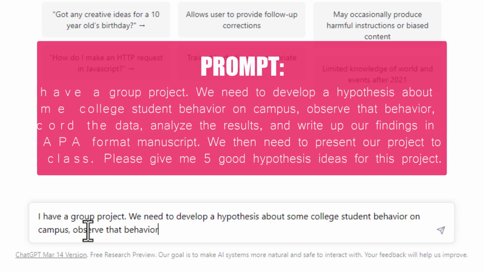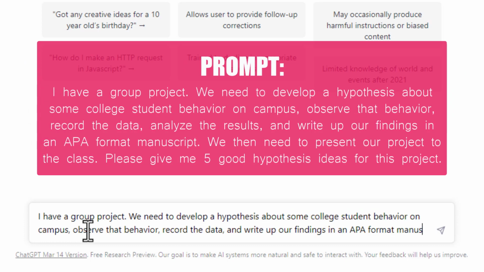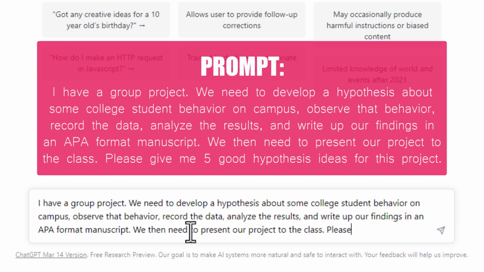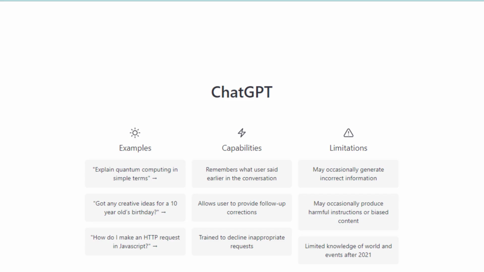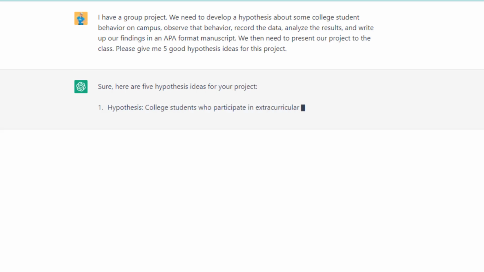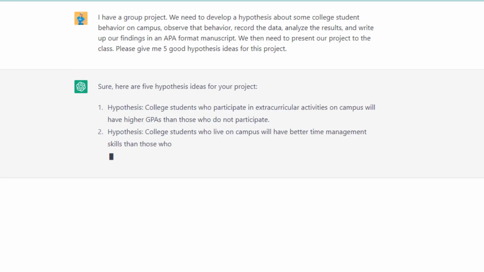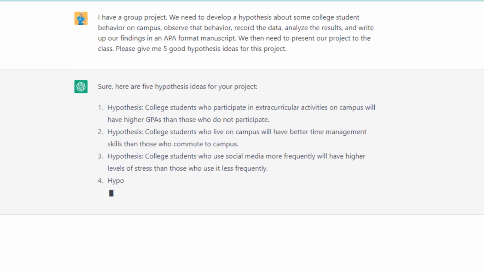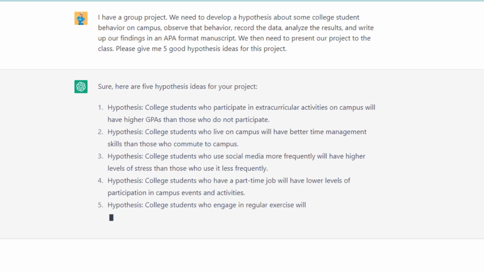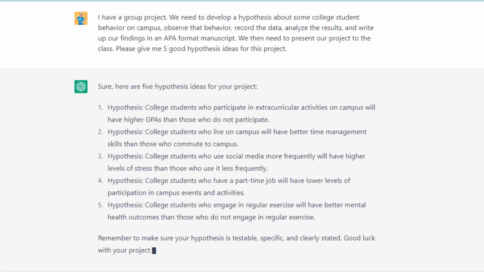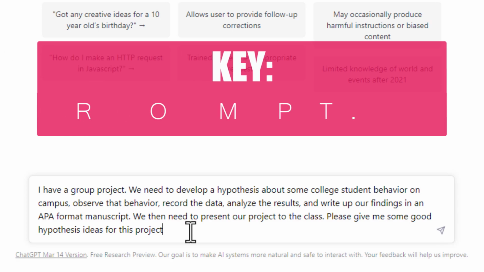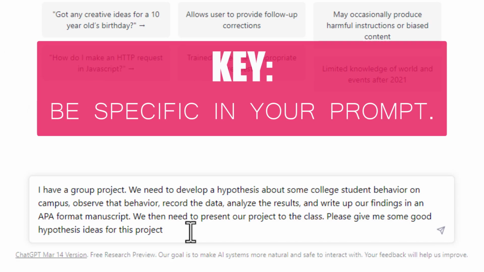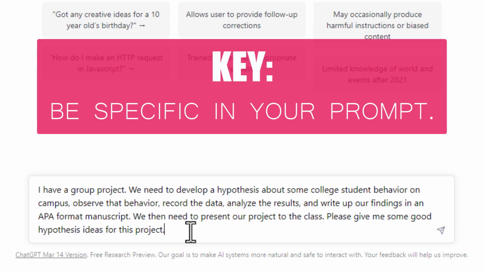This removes some of that her idea versus my idea pressure and gives the group some neutral ideas to consider more objectively. And even if you don't go with one of the provided ideas, they are likely to lead your group to develop a stronger topic idea than if you just try to do it on your own. The key here is to be very detailed in your prompt, so give all relevant information about the assignment task so ChatGPT can generate ideas that are actually relevant and helpful.